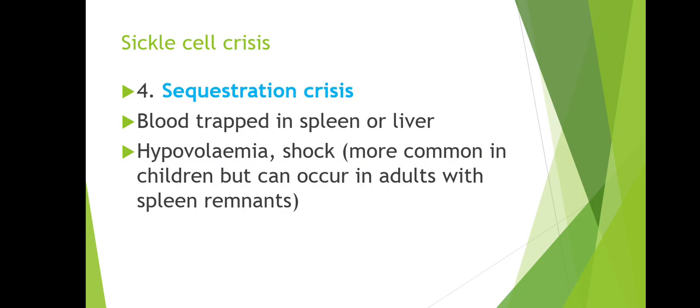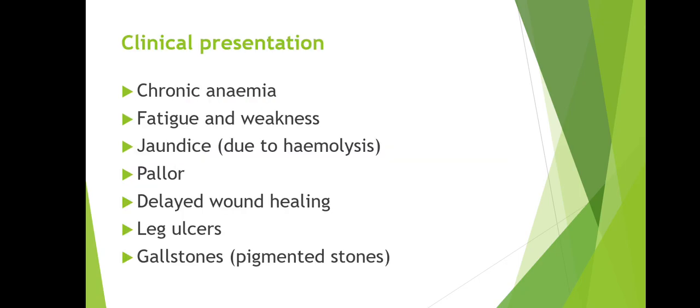So basically, sequestration crisis is going to happen because blood is going to be trapped in the liver and the spleen, because it is not flexible enough. There are no longer red blood cells that can twist and do this, you understand. So basically that's what usually happens.